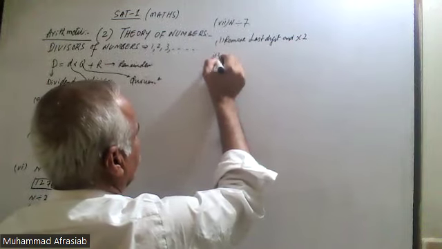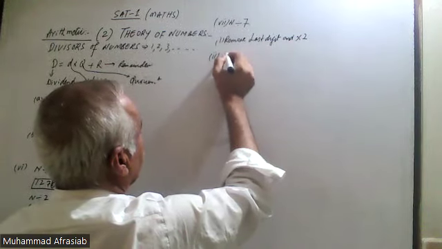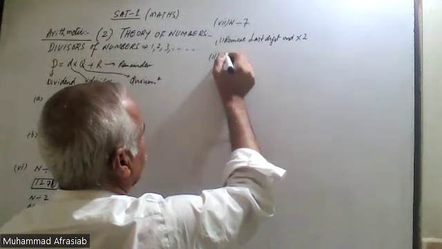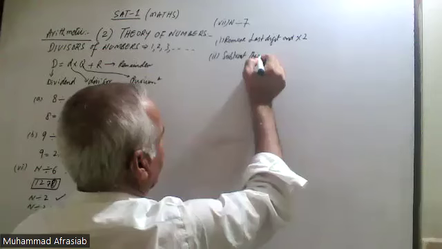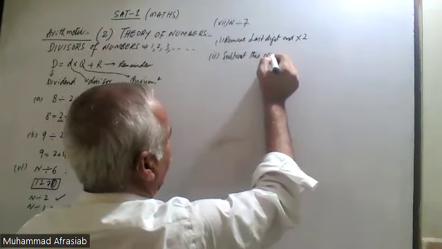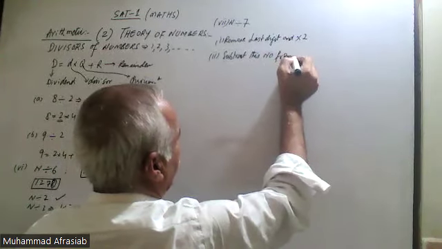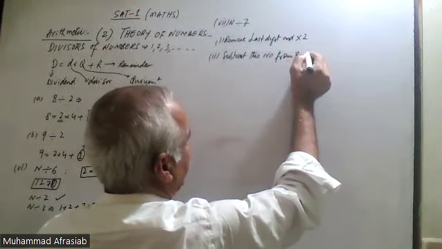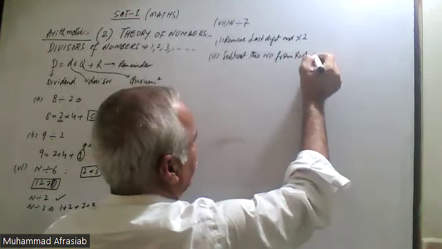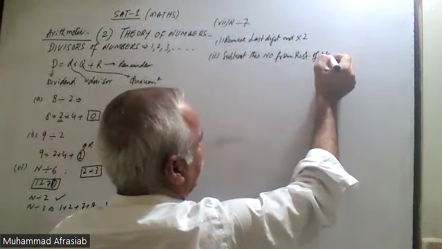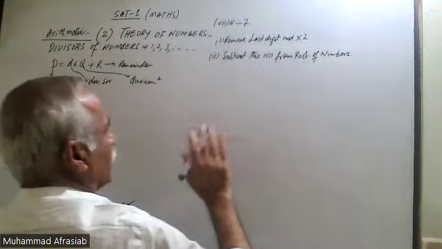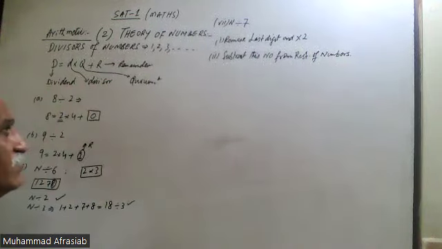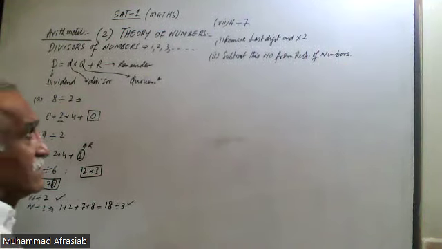Second step, we subtract this number from the rest of the numbers. And keep on processing. Either the remainder should be 0 or it should be divisible by 7.